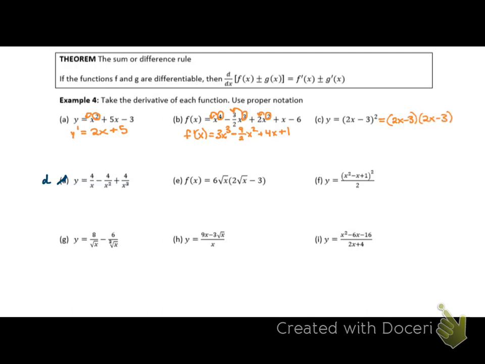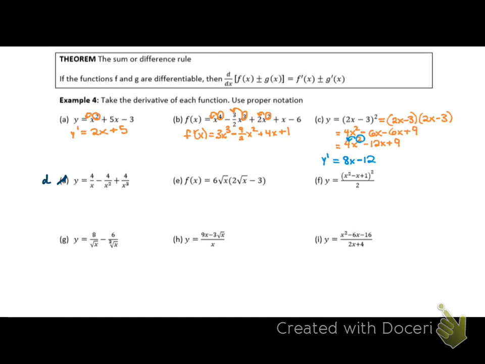All right, and in case you forgot how to double distribute, here we go. We have 4x squared minus 6x plus 9. We combine like terms, so we get 4x squared minus 12x plus 9. So when you take the derivative, y prime, it's going to equal 8x minus 12.